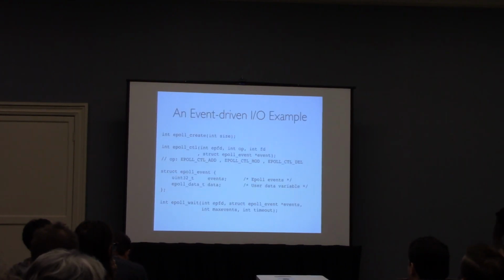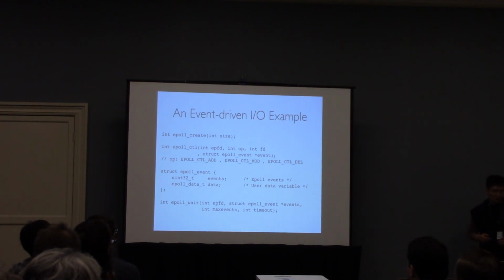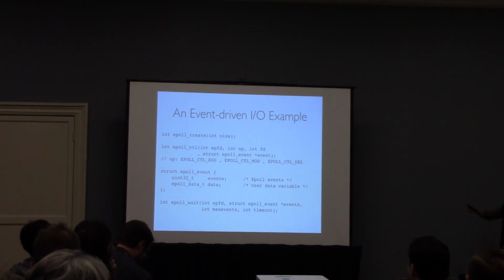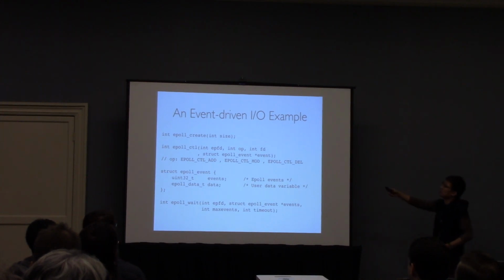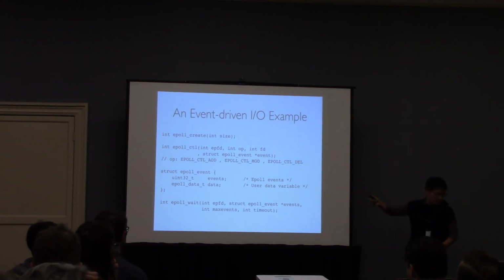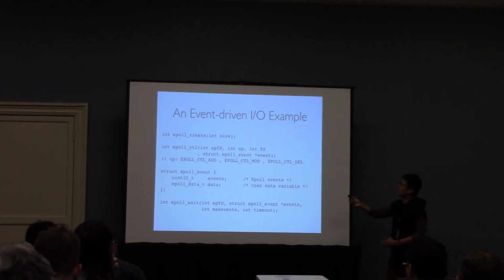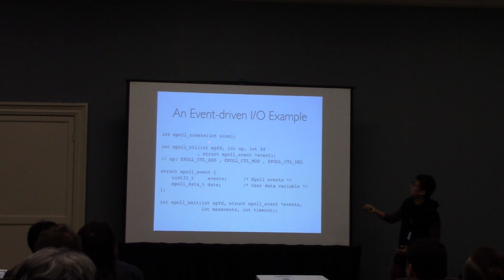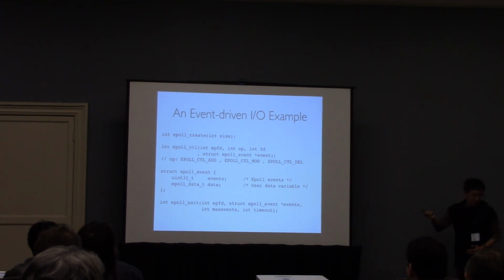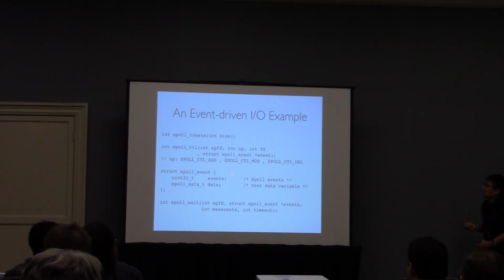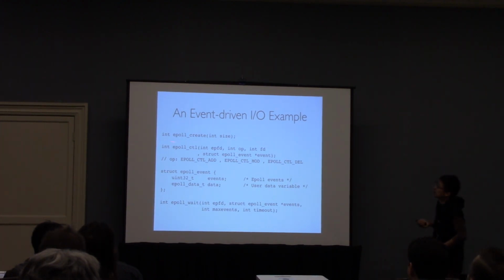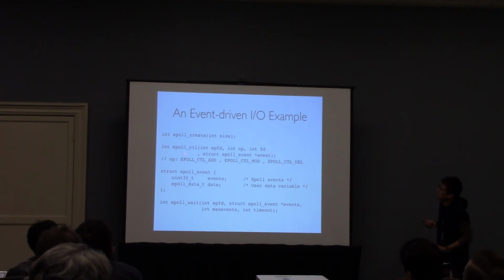Okay, so let me give a short introduction on event-driven I/O. This is an API called epoll. It's present in Linux. Since which version I can't remember, but it basically works this way. First, you have to create an epoll file descriptor using this function. After you get your epoll file descriptor, you can add your real file descriptor, for example, a socket, to this epoll file descriptor with this function called epoll_ctl.